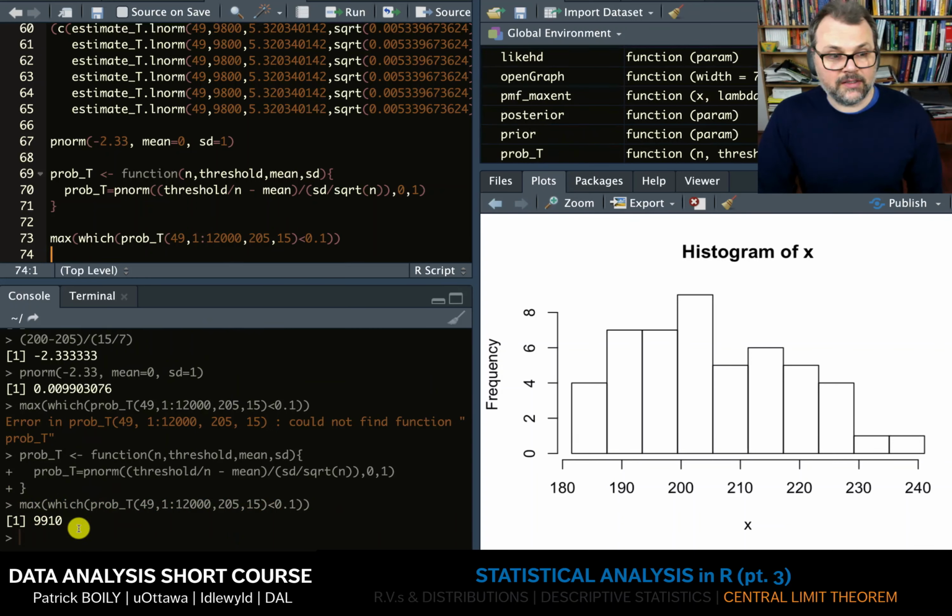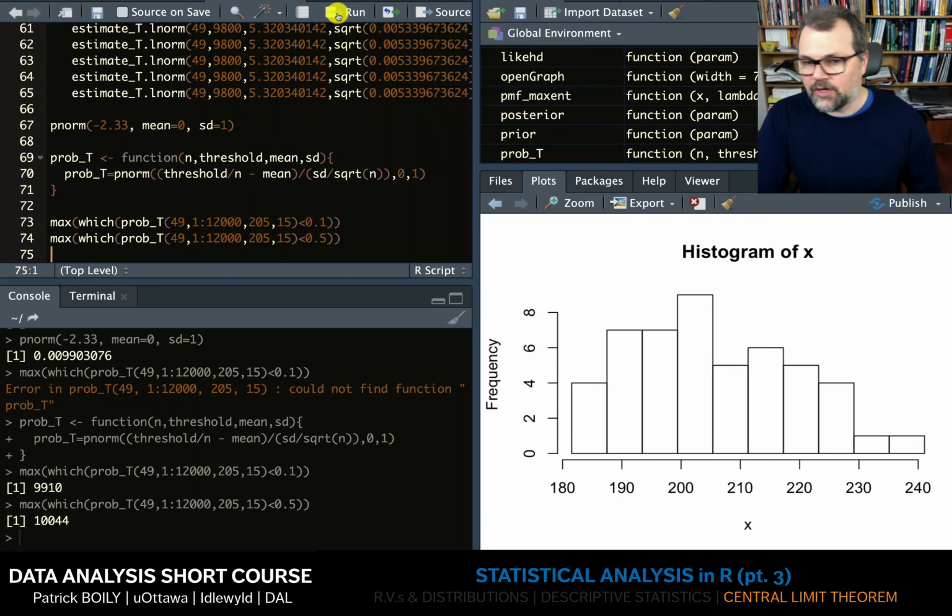That's 9910. So if my threshold for the elevator moved from 9800 to 9910, it's an extra 110 pounds, then 10% of the time I'd be able to load it. And if you want to know what the weight would have to be for you to be able to load it 50% of the time, you just modify this 0.1 by 0.5.